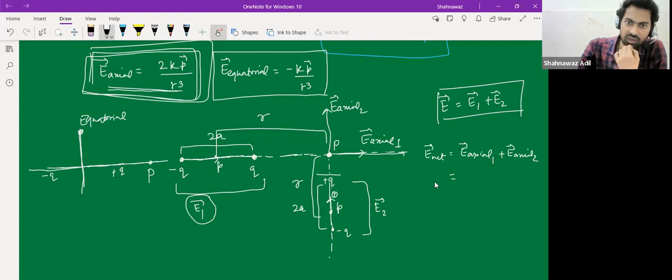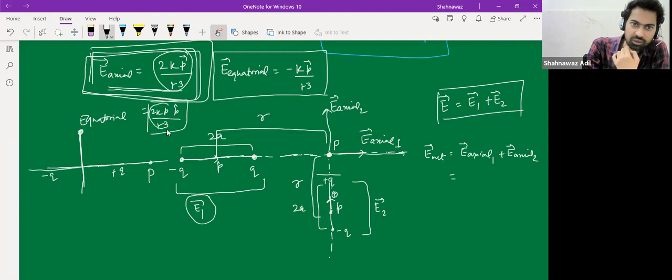Can anybody tell me what would be E axial 1? We can also write this as 2 kp, with magnitude p hat direction, by rq. So this is the magnitude.